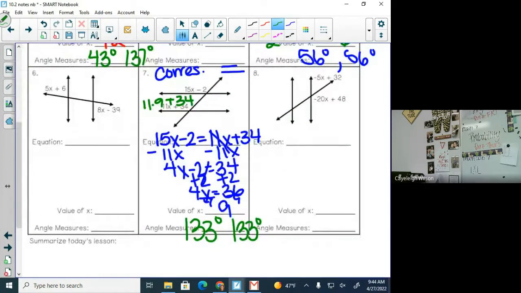All right, what about this one? Alternate exterior. And this one? Linear, supplementary, straight line again, because this one's right here. They're on that same straight line.